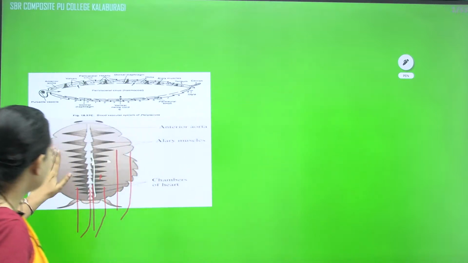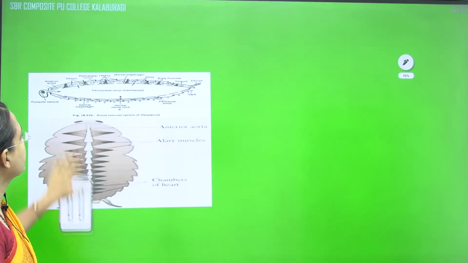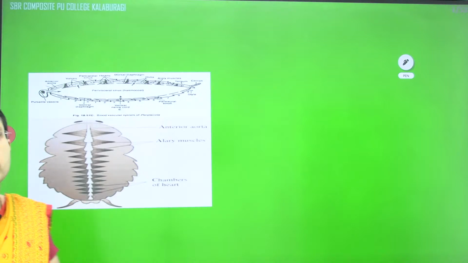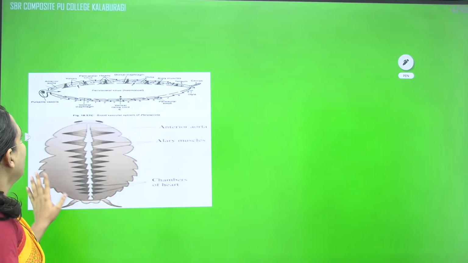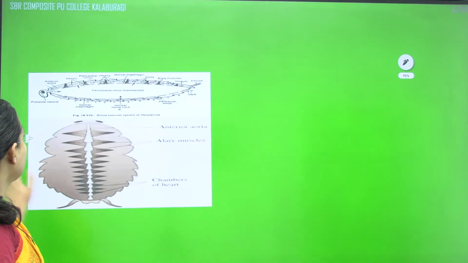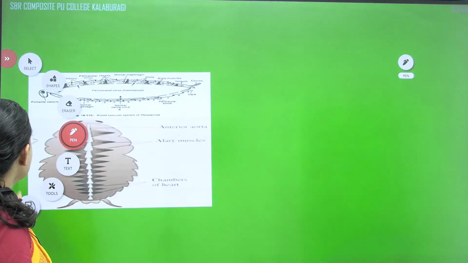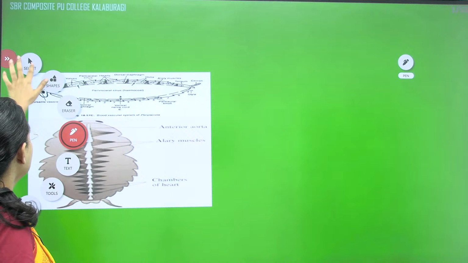There are 12 pairs of alary muscles, whereas there are 13 chambers in the cockroach heart. So this completes the circulatory system.